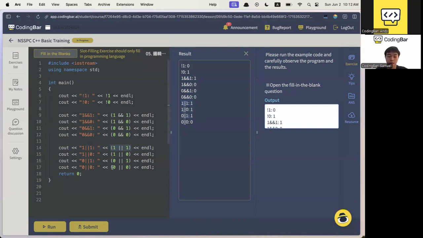And if both are false, this is calculated into false. I suggest you either memorize it or have your own way to remember it. It's important to remember this kind of pattern. It's very, very helpful.